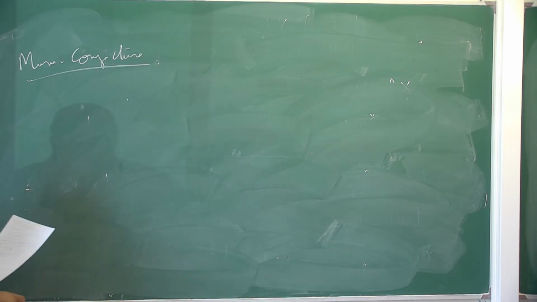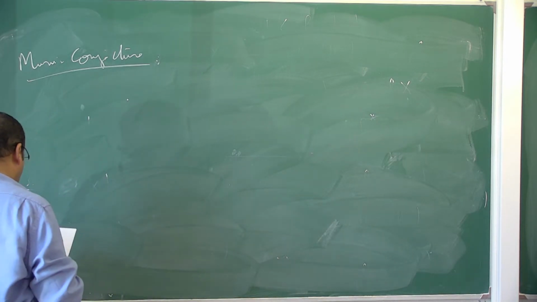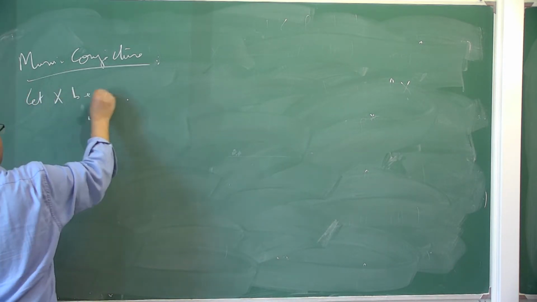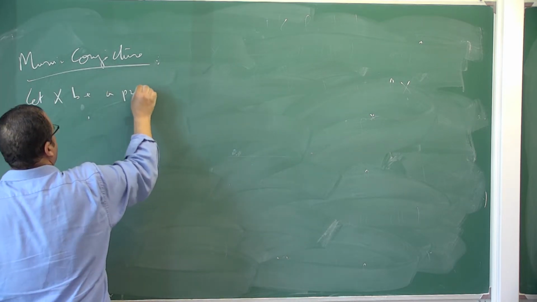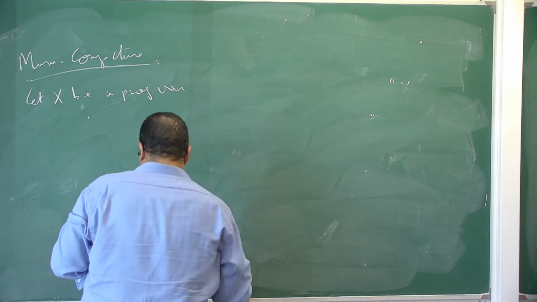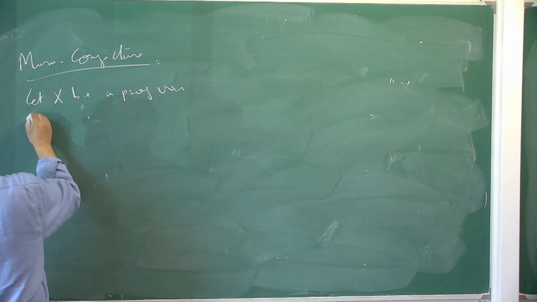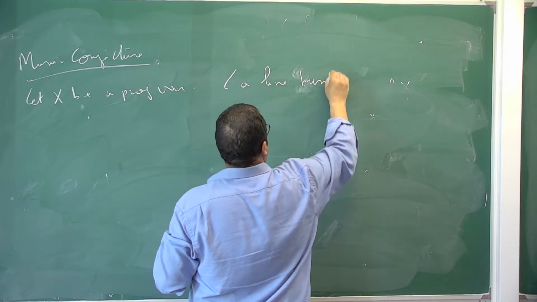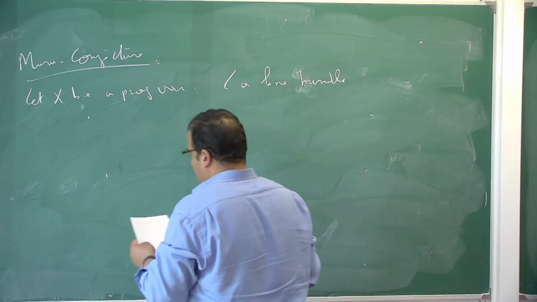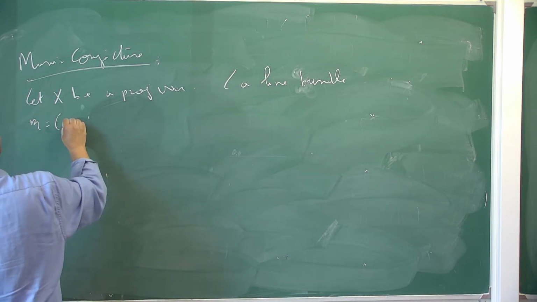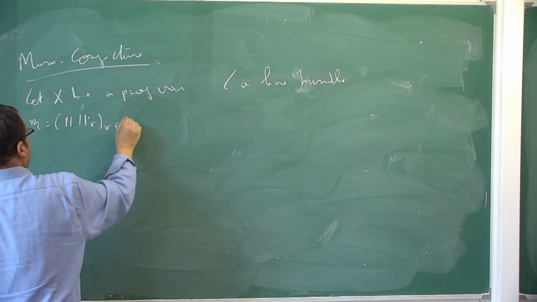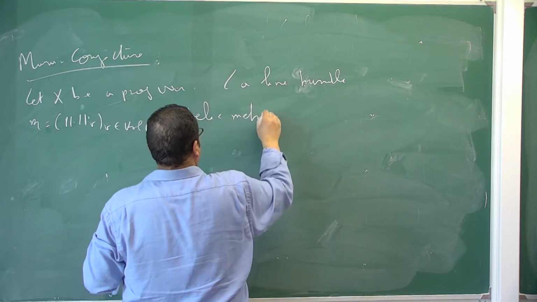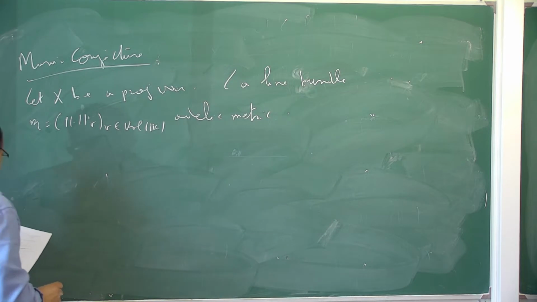Let X be a projective variety and L a line bundle, and choose an adelic metric.